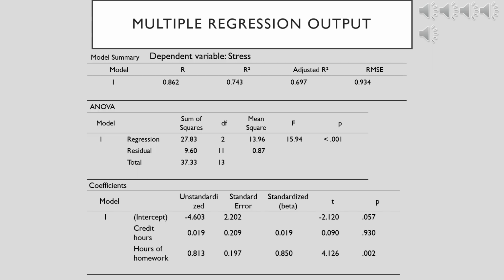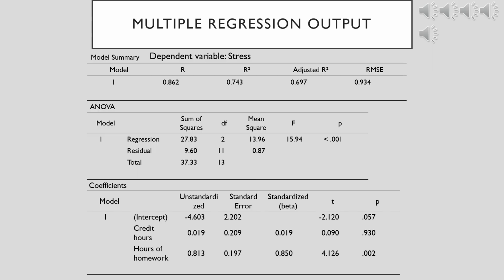What that means is, for all slopes, the interpretation is for every 1 unit increase in the x variable, the predictor variable, what happens to the y variable? So with 0.813, this says for every 1 hour of additional homework you have, your stress will increase, we predict, by 0.813 units of stress, whatever scale that was on.